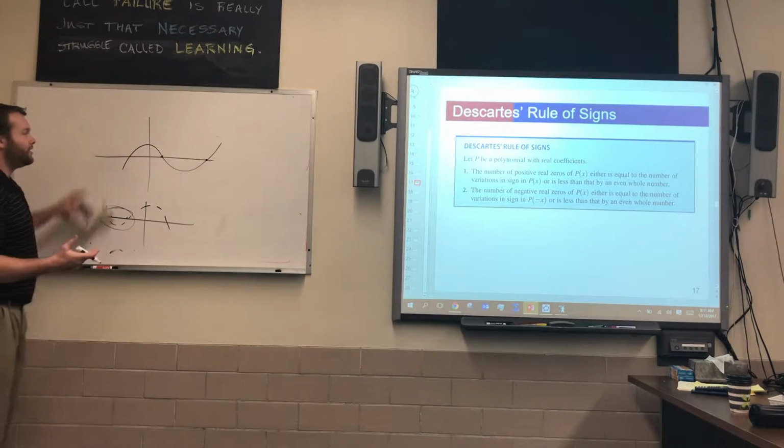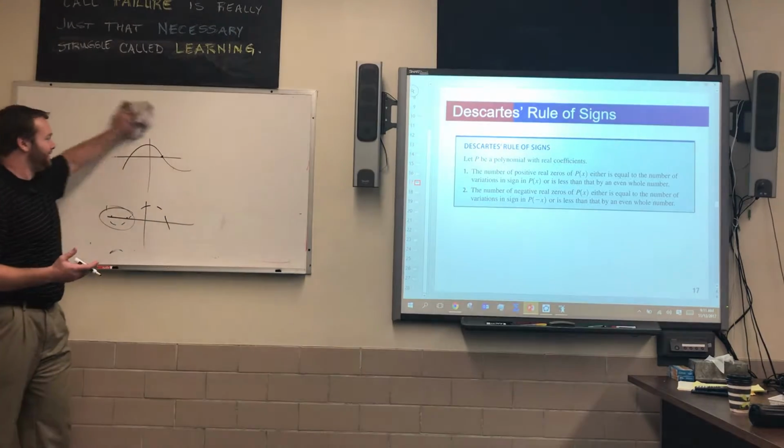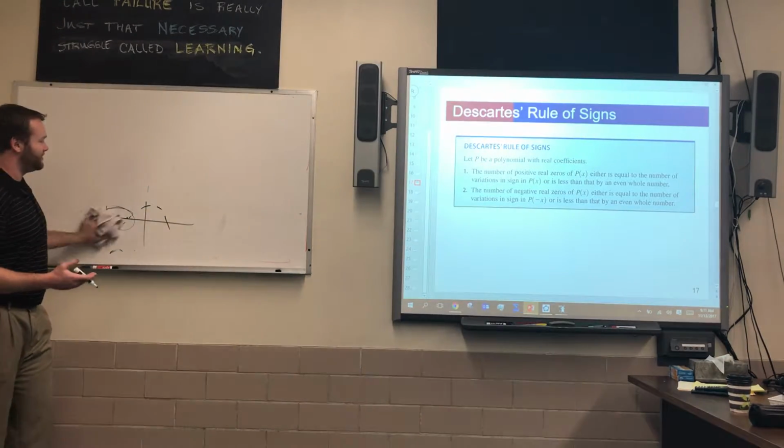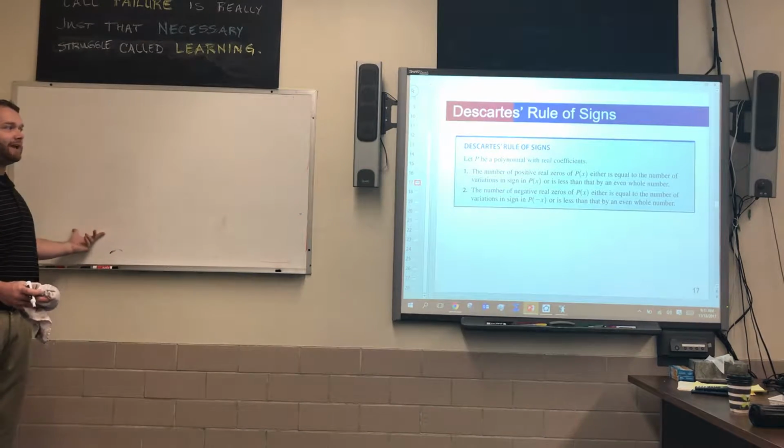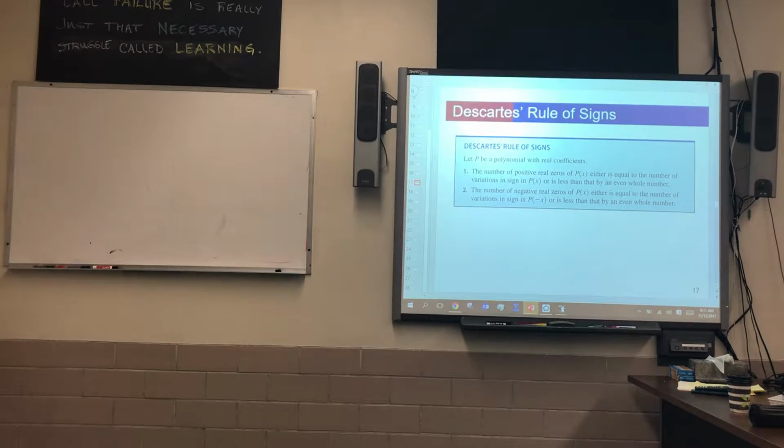So the test happening in the background is describing that behavior. How many times do you have a negative zero in P of opposite of x? That helps us determine how many negative zeros you could potentially have for your original polynomial. It all has to do with transformations and that understanding.